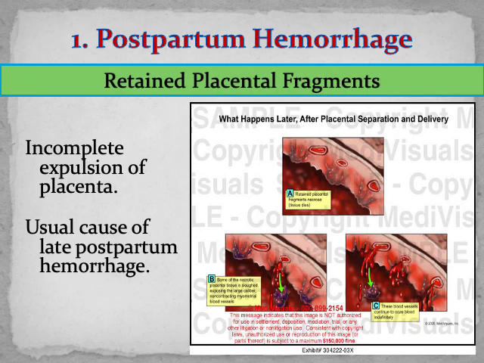To check, importante na dapat ini-inspect ang placental completeness after birth. Check for the completeness of its cotyledon. Hindi importanteng ma-determine mo na ito ba ay Duncan or Schultz. Ang importante, walang punit yung placenta after its birth.